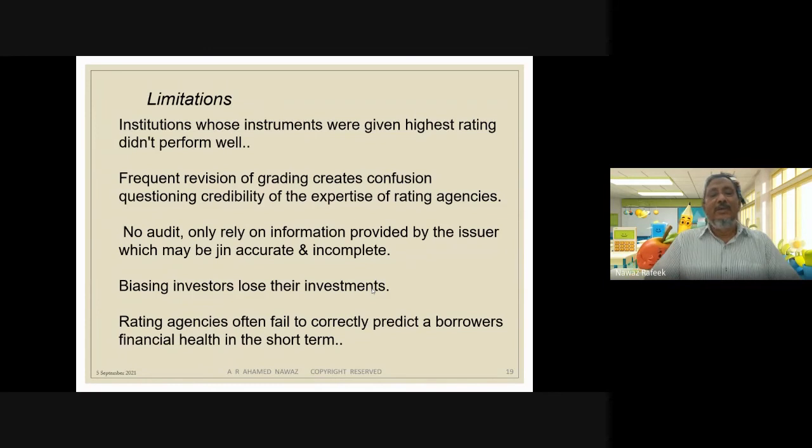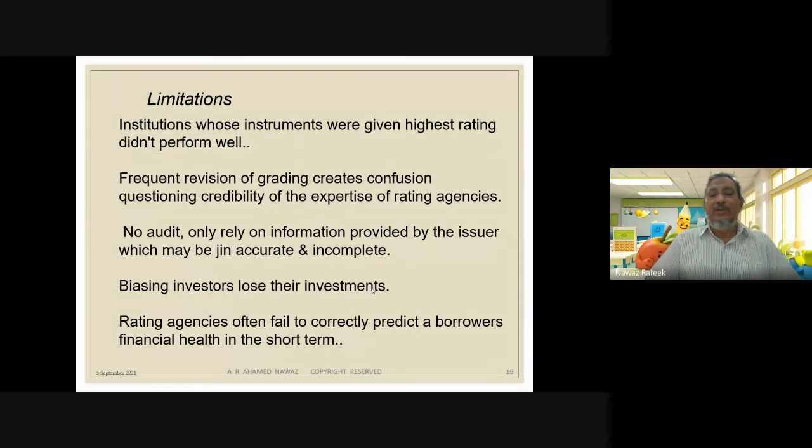Something you may find in certain due diligence reports you can look at: you may think that expertise is not shown based on the business. No audit; they only rely on the information provided by the issuer, which may be inaccurate and incomplete.